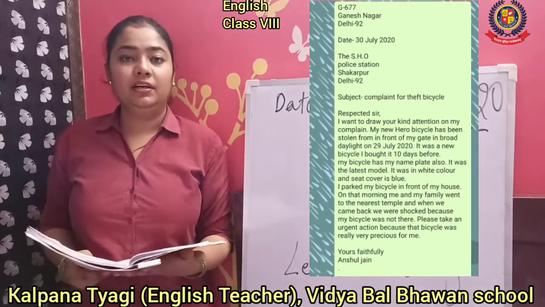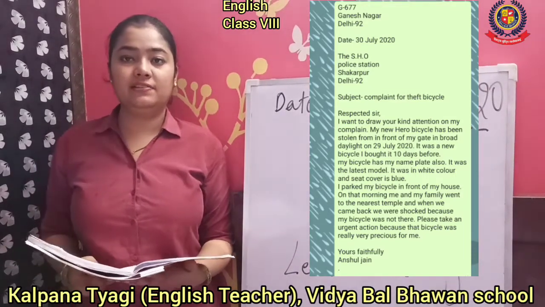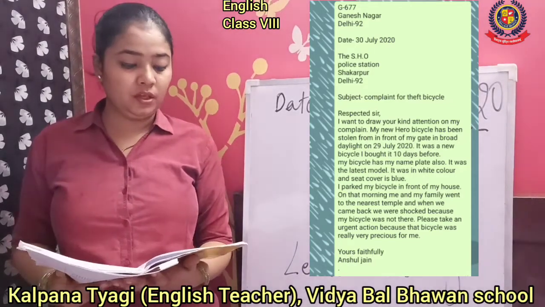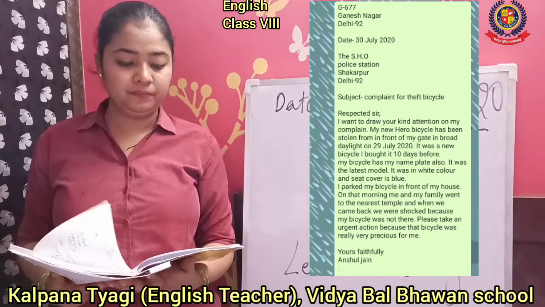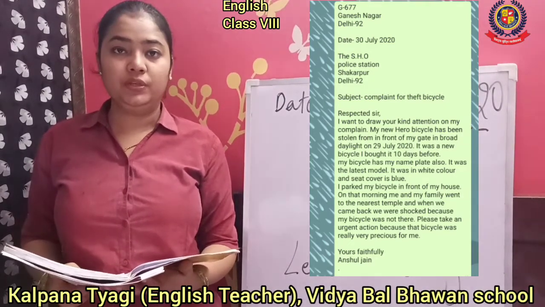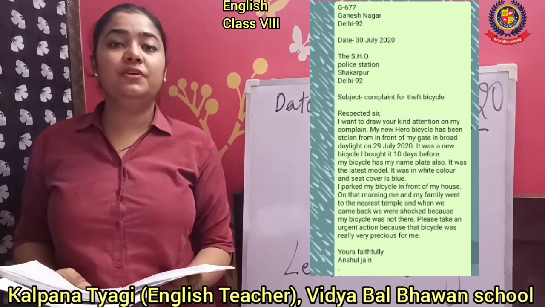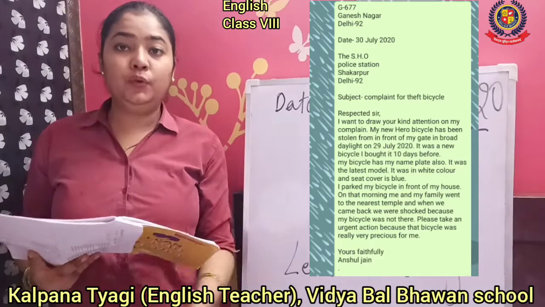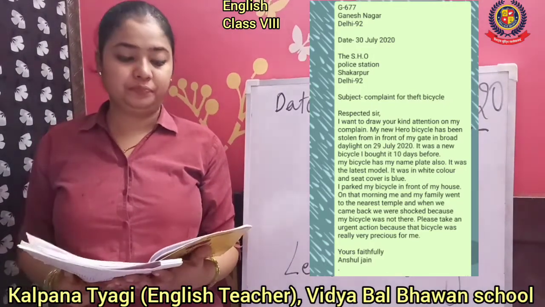Again leave a line and then write the address: the SHO, Police Station, Shakarpur, Delhi, 92. This is the receiver's address. After that, again leave a line.